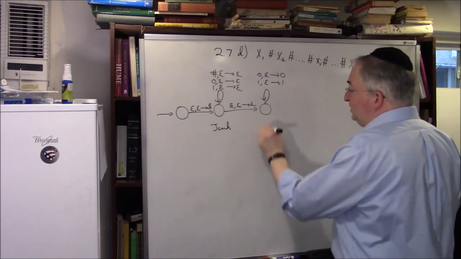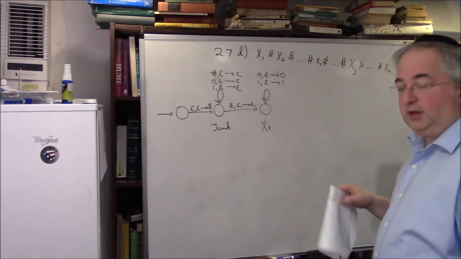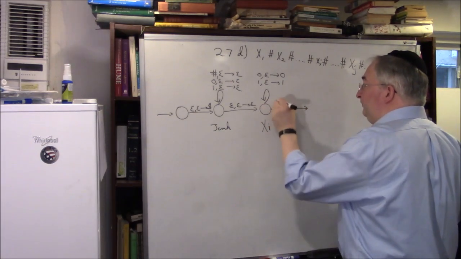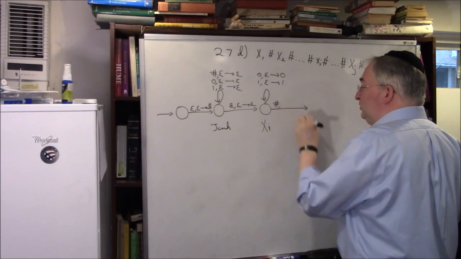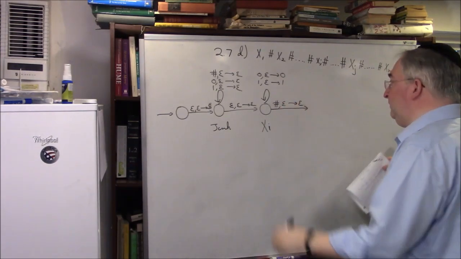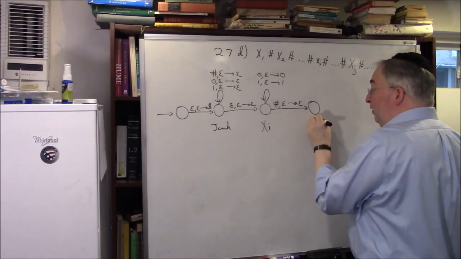Okay? This is xi. Great. Then, you're going to read a number sign and continue on. Okay? What do you do now? Now is more junk.